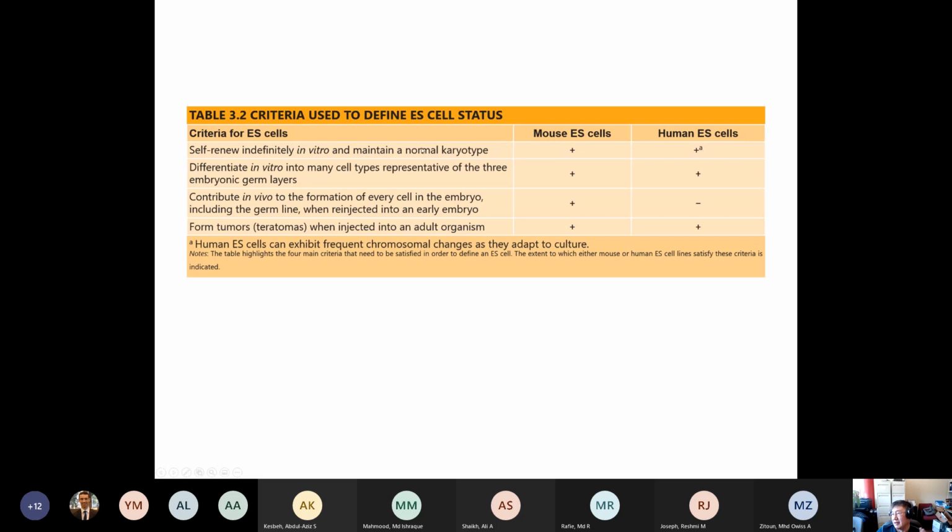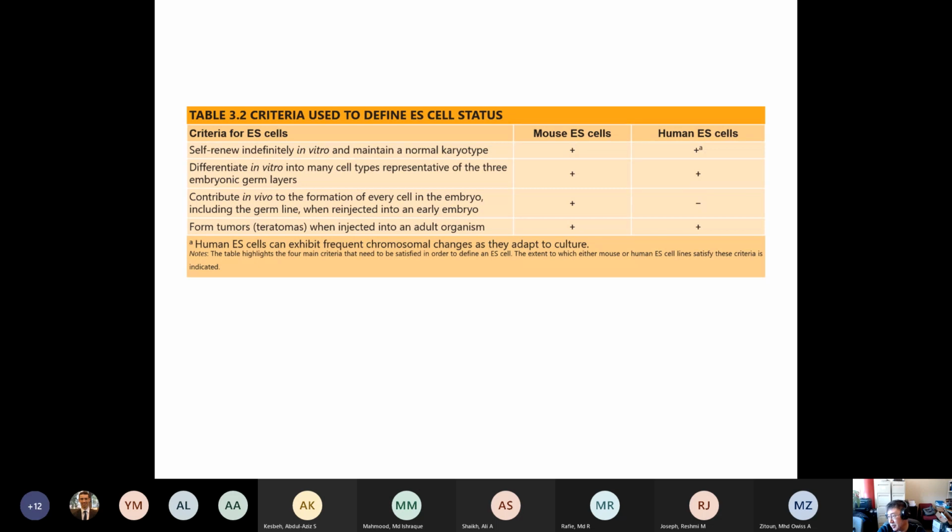We learned that they must have self-renewal ability, to maintain a normal karyotype. That means the chromosome numbers and the chromosome integrity should be maintained. And also they can self-renew forever. You can freeze them, take them out, and just make them replicate. It's an unlimited source. You can use that source to create many tissue types. So that should be fulfilled by both mouse and the human embryonic stem cells.